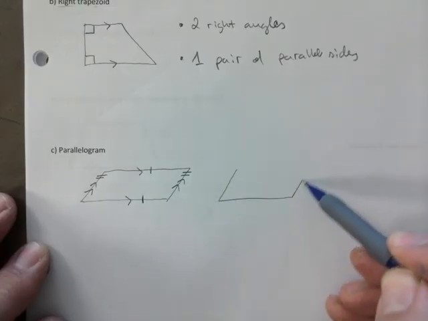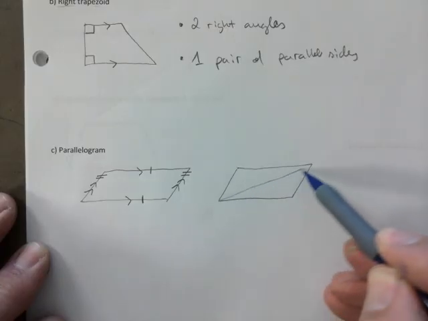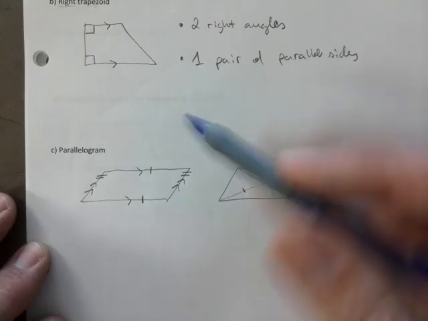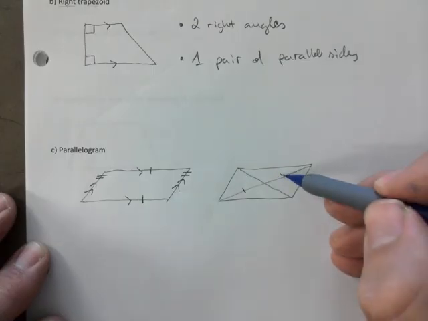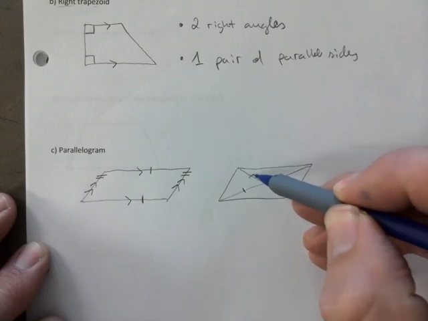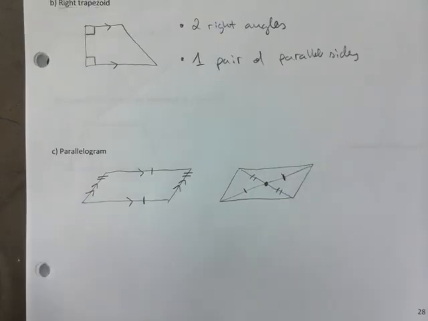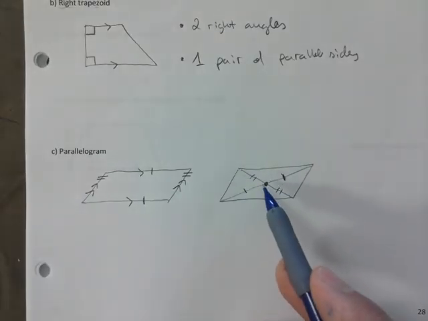Another way could be the fact that when you have your diagonals, they cut each other in half. So you get two stretches that are the same this way, and two stretches that are the same this way. By that I mean, if you were to go from the corners to the middle, this would be the same as that one, and so is this one.